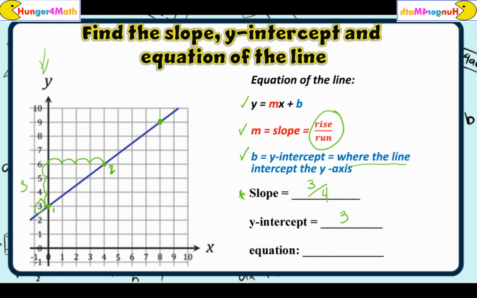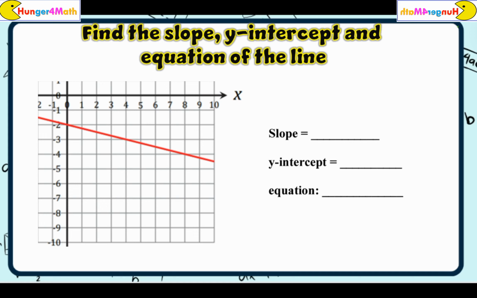After knowing the slope and y-intercept, we are going to substitute it in the equation of the line, which is y is equal to mx plus b. That will turn into y is equal to the slope, that is 3 over 4, then x, plus the y-intercept, or the value of b, that is 3. So this is the equation of the line.